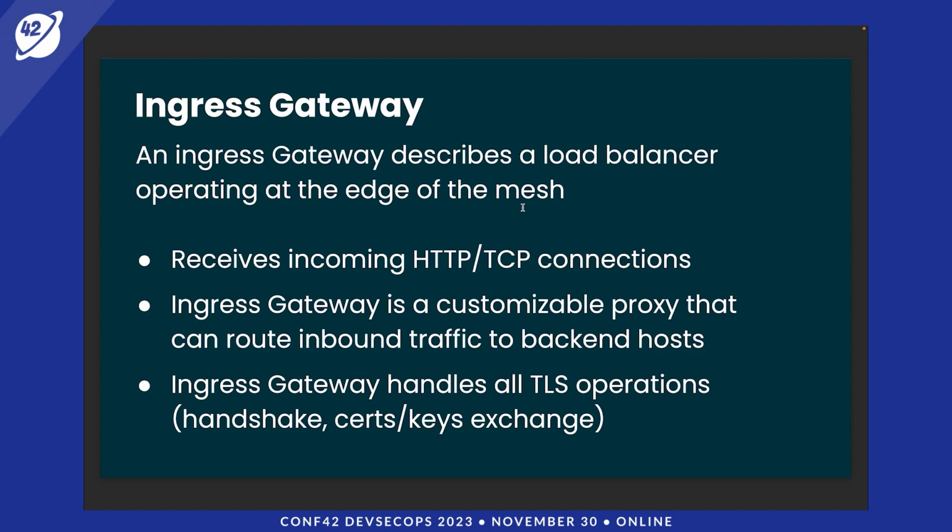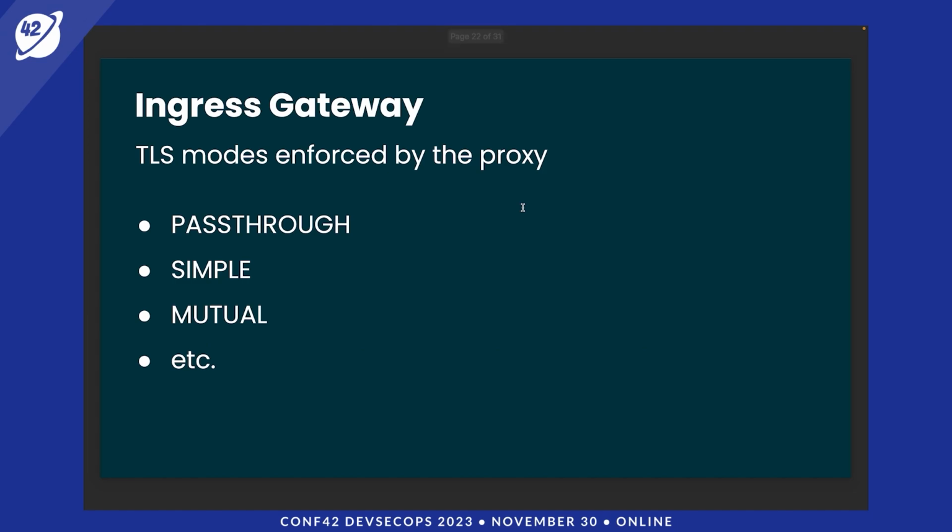It is again just a reverse proxy running along with your ingress pods, and it will enforce all the rules that you want to implement, or implement the routing. So there are different ways you can manage the incoming traffic and the TLS part of it. There are three modes: passthrough, simple, and mutual. And there are other policies you can implement.